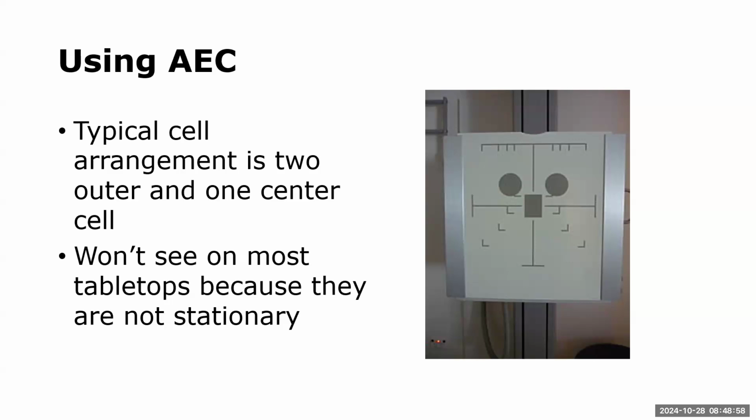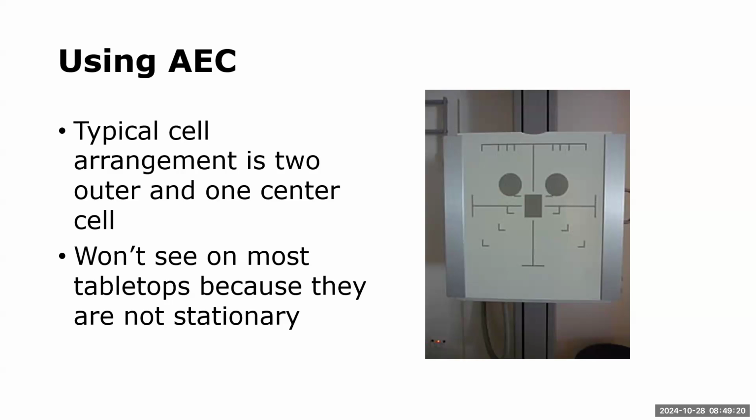You won't see those on tabletops because they're not stationary. The photocells, the detectors, those sensors, are going to move with the Bucky tray in the table, right? Because most tables have that floating tabletop that can just go anywhere. Everybody following me?